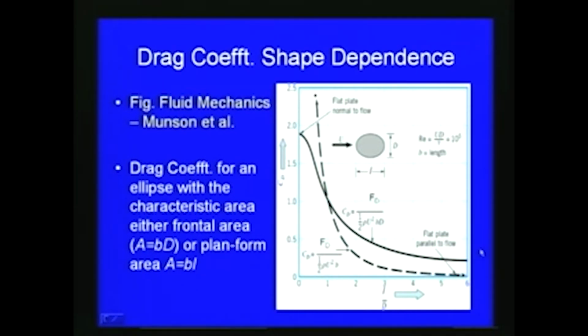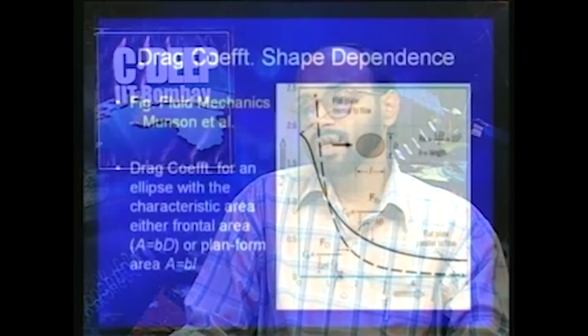That is why I mentioned how you place the body over which the flow takes place matters. If it is normal to the flow, as we have seen for the flat plate, the drag coefficient will be much higher. If you place the flat plate parallel to the flow, then the drag coefficient will be much lower, as shown in this plot.